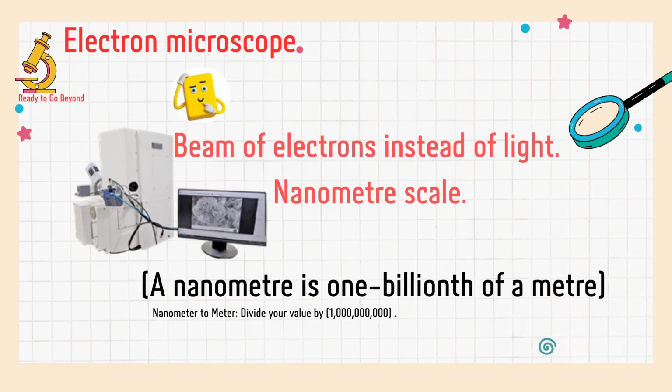So, why is the electron microscope powerful? These instruments use a beam of electrons instead of light to produce highly magnified images, allowing us to see cell structure at the nanometer scale with remarkable clarity. A nanometer is 1 billionth of a meter.